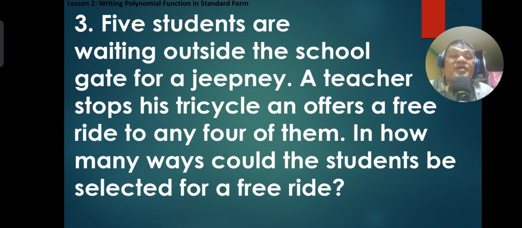Again, we have problem number 3. 5 students are waiting outside the school gate for a jeepney. A teacher stops his tricycle and offers a free ride to any 4 of them. In how many ways could the students be selected for a free ride?